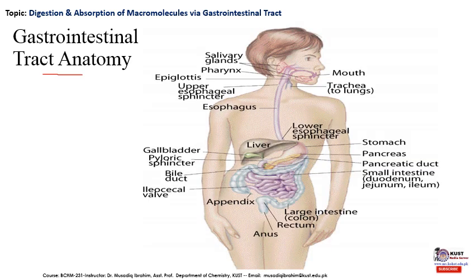Now moving towards gastrointestinal tract anatomy. This figure shows the different parts of the gastrointestinal tract, where they are present and how the food is digested through all the parts of the digestive system, ultimately reaching the rectum.